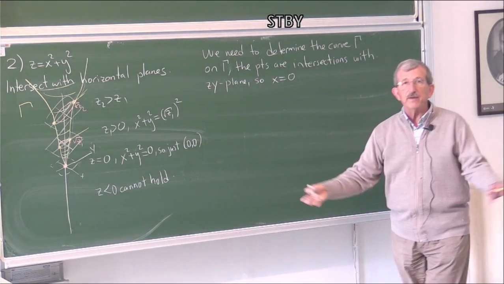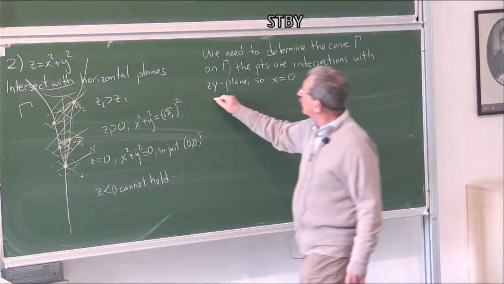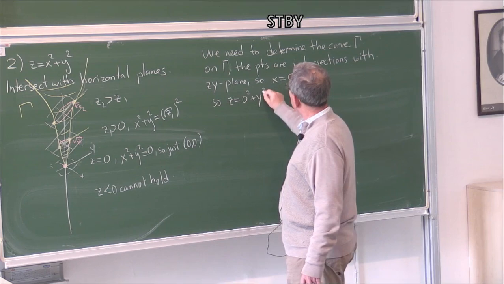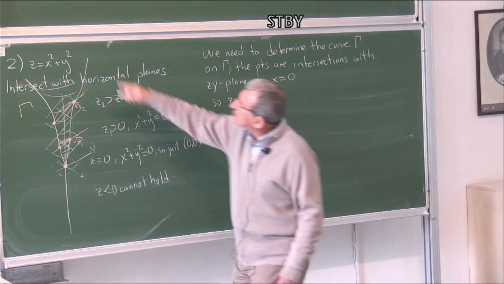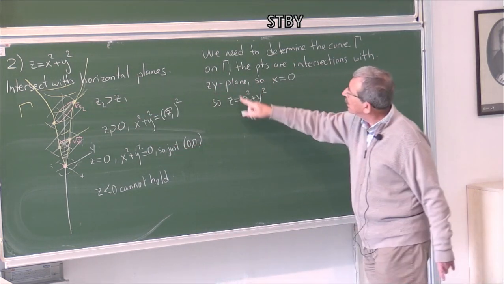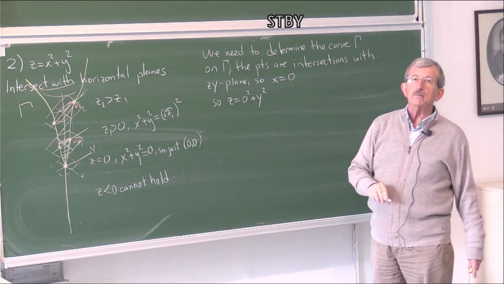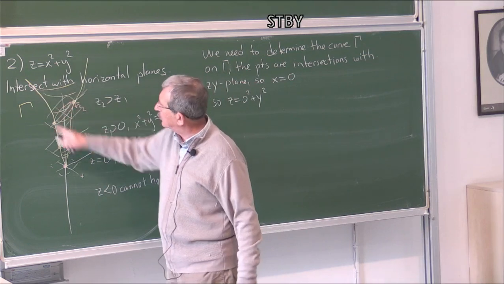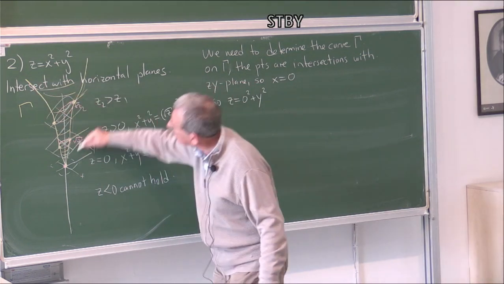Now what happens if x is 0? So z is 0 squared plus y squared. So on the zy plane, the picture is always a parabola. I deliberately drew strange curves here, but it is a parabola all the time.